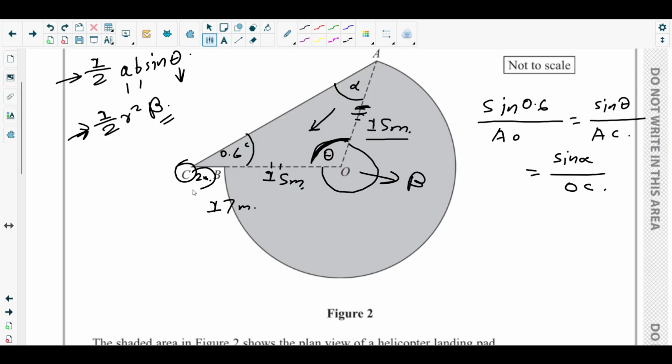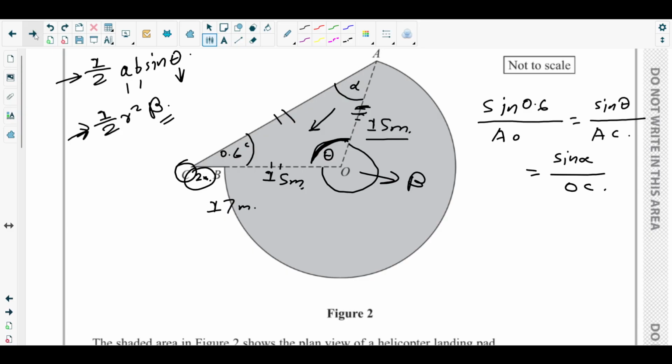We know this BC, and we just need to find out the side length of the triangle, AC. So we can find out the length AC using the sine rule. Again, sine rule.